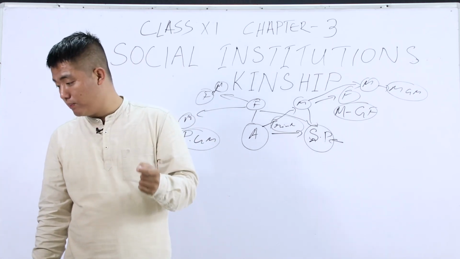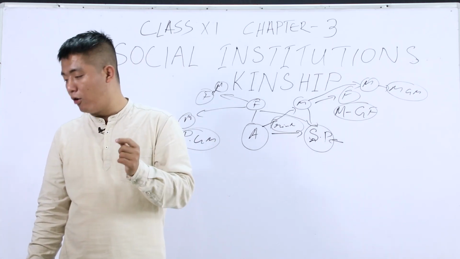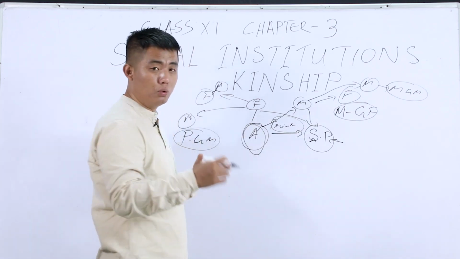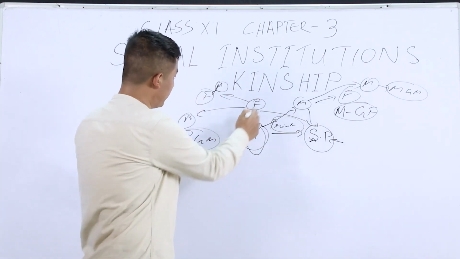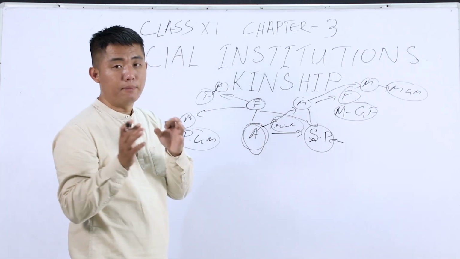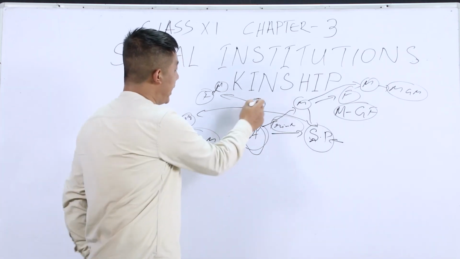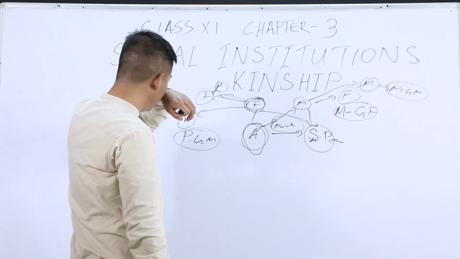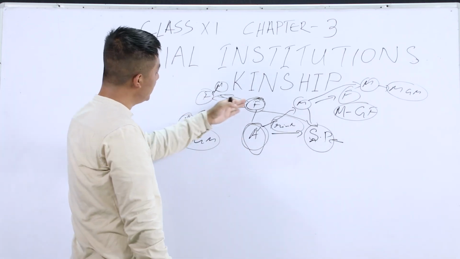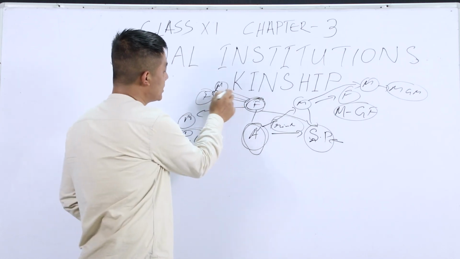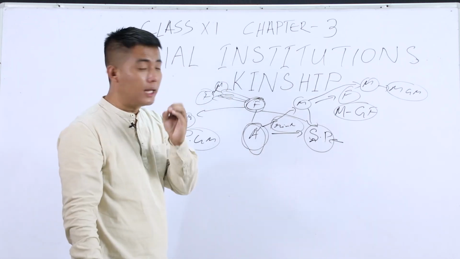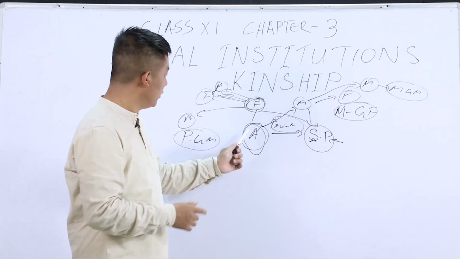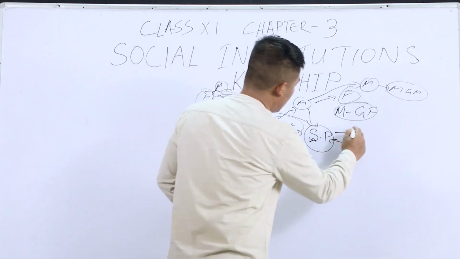So in your textbook, it is mentioned that the primary kin of a first degree, the first degree with whom you share your bond, is your father. So this is called the first degree. And the primary kin of the first degree can be his father or his mother, so that can be called secondary kin. For example, your sister's husband.